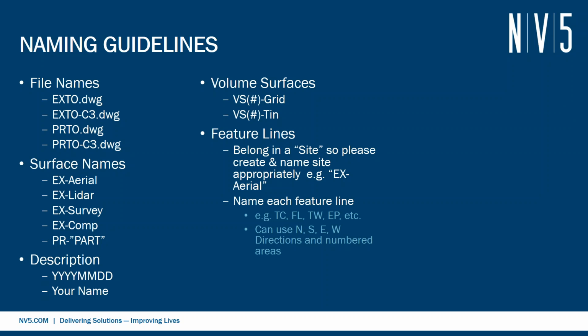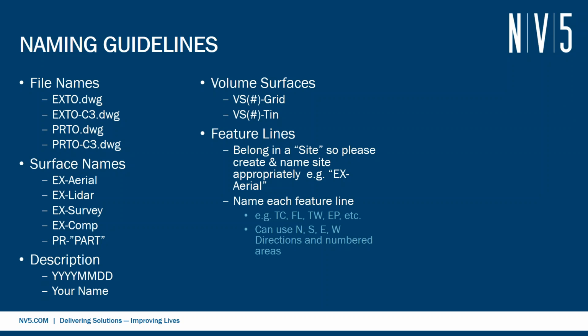Feature lines. Where do feature lines go when you create them? Where do they appear in your Prospector tab? Survey database. Nope. Sites, right? Feature lines get put into sites. How many people name their sites? No one, right? Site 1, Site 2, Site 3, Site 4.